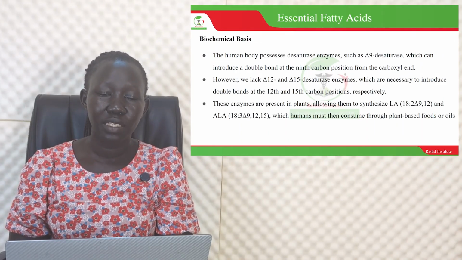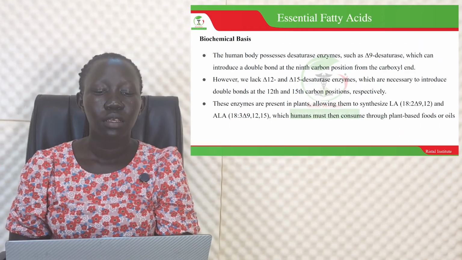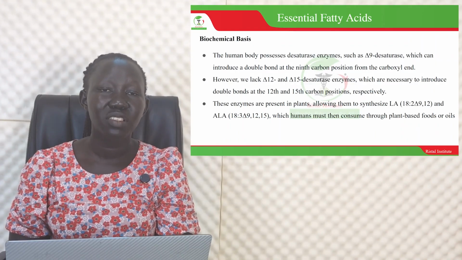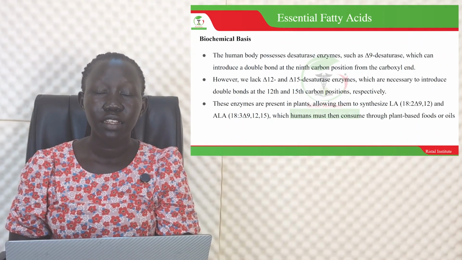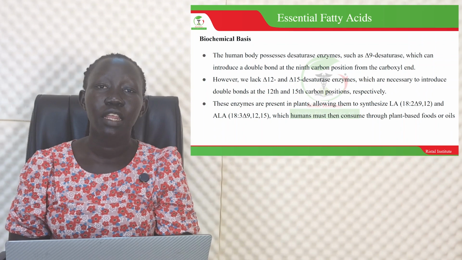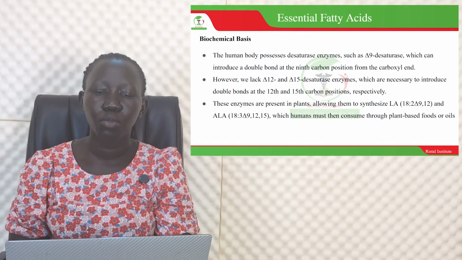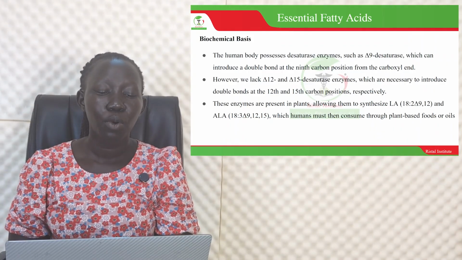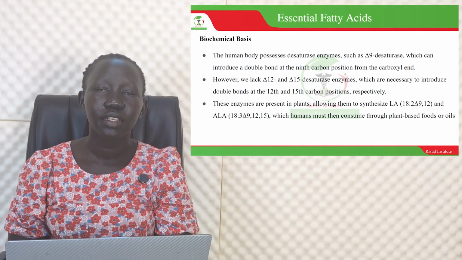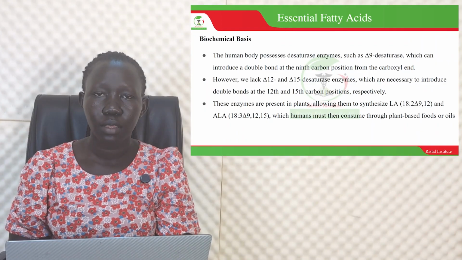What is the biochemical basis of these essential fatty acids? The human body primarily possesses desaturase enzymes such as delta 9 desaturase, which can introduce a double bond at the 9th carbon position from the carboxyl end. However, our bodies lack delta 12 and delta 15 desaturase enzymes.